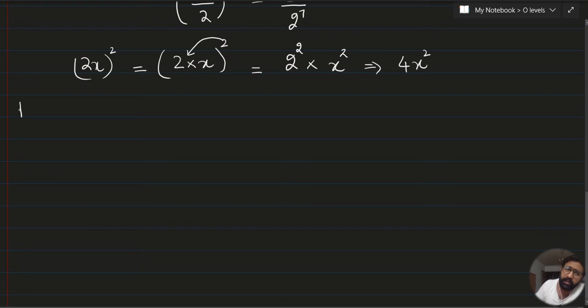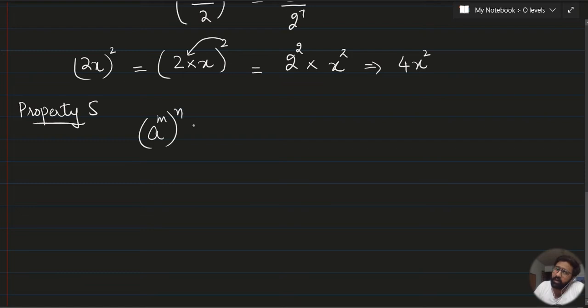So property number 5. Property number 5 states that if there is a power and there is another power on top of it, what are you going to do? Just remember one thing: there is a power and there is another power on top of it, so the powers are going to multiply with one another.